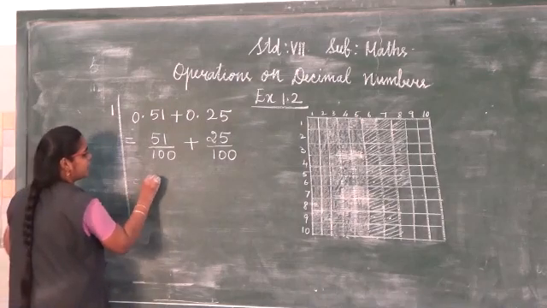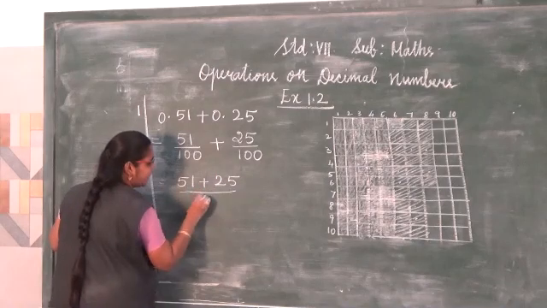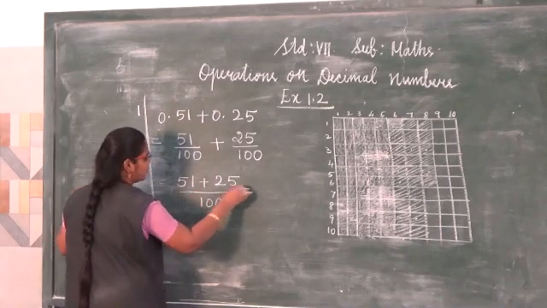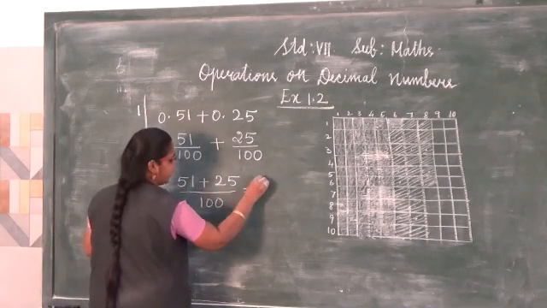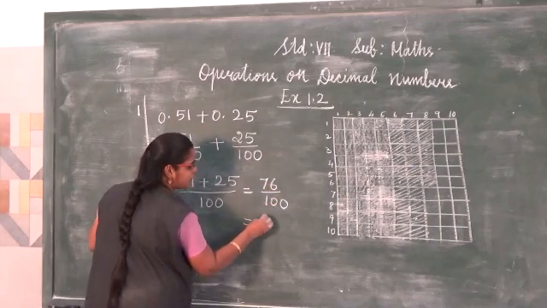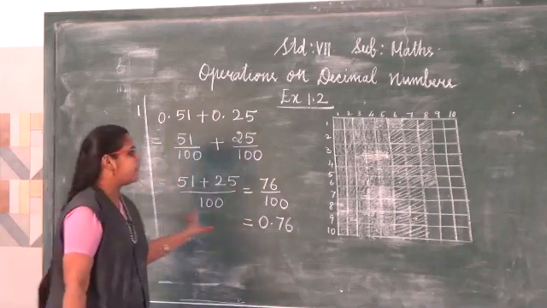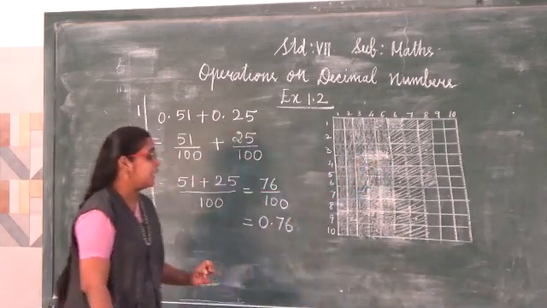So this will be equal to 51 plus 25 by 100. If you add here, you will be getting 76 by 100, which is equal to 0.76. So this is the way of representing in the grid.